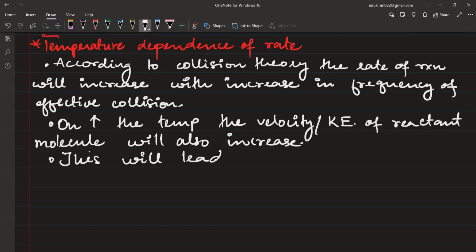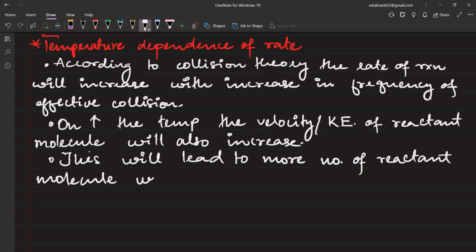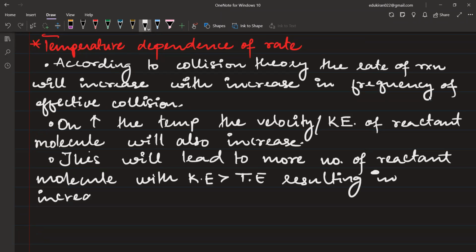This will lead to more number of reactant molecules with kinetic energy greater than threshold energy, resulting in increase in the number of, what?